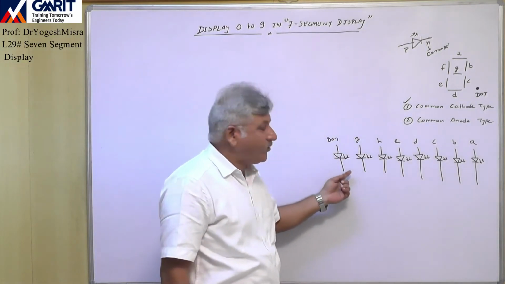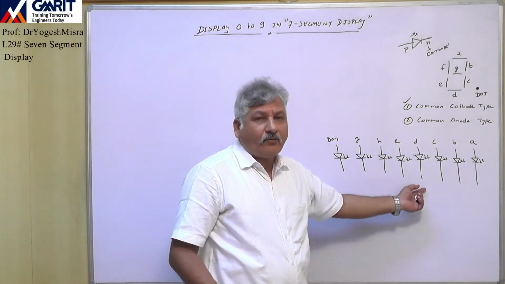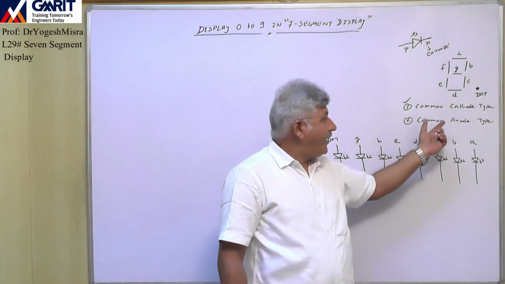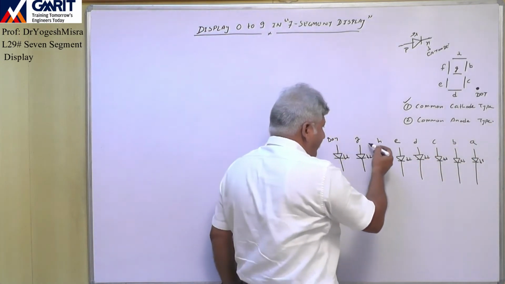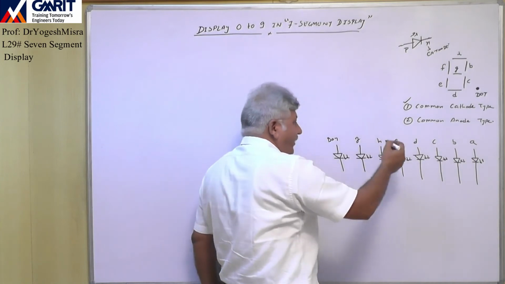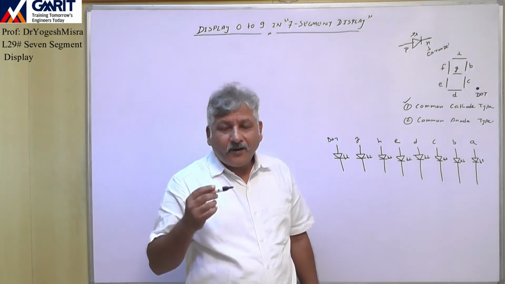They are joined together and commonly connected to ground. And in the case of the common anode type, all the anode terminals are joined together and connected to a common plus 5 volt.